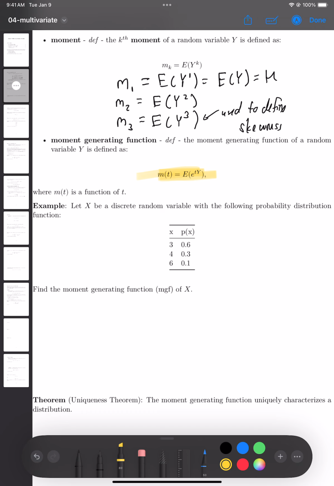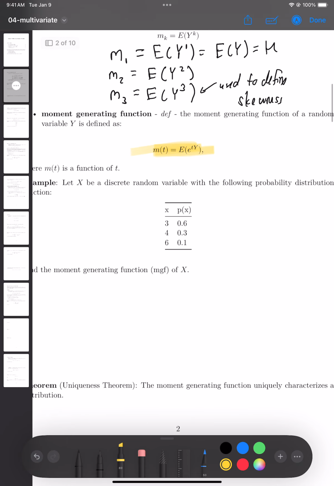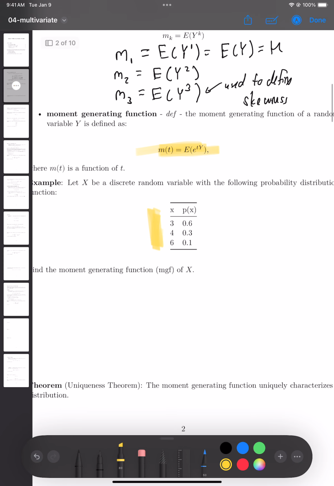We will get some practice with this, especially in class. But for now, let's jump to this example just to see what this moment generating function is going to look like for this simple probability distribution where x can just be three different values.